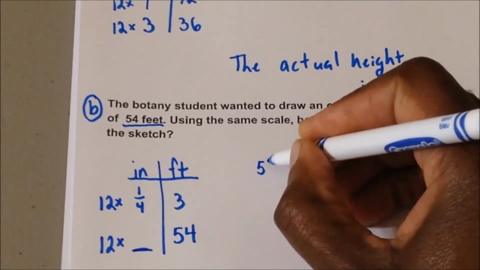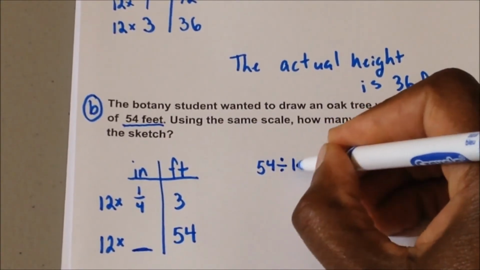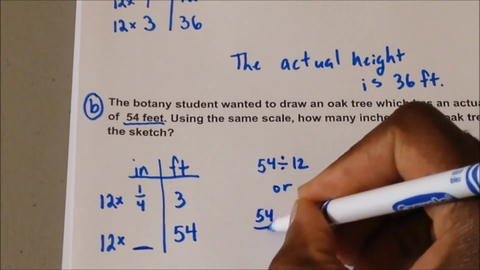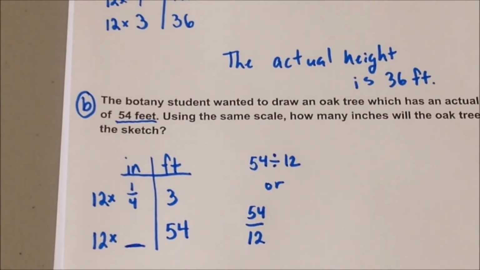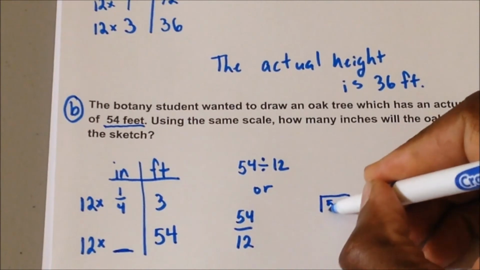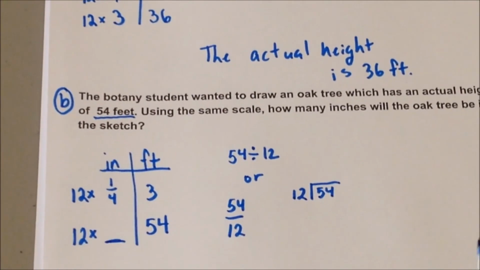We have 54 feet and we're going to divide it by 12. Or 54 divided by 12, written with the division symbol, to find our answer.